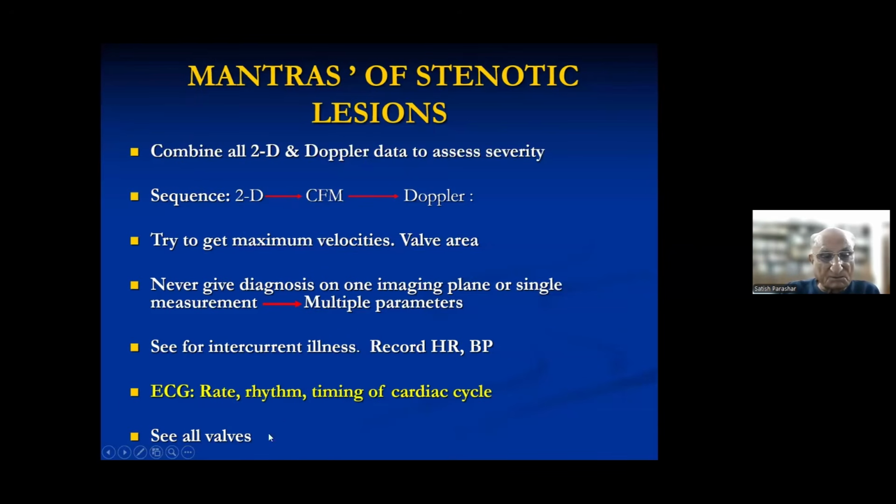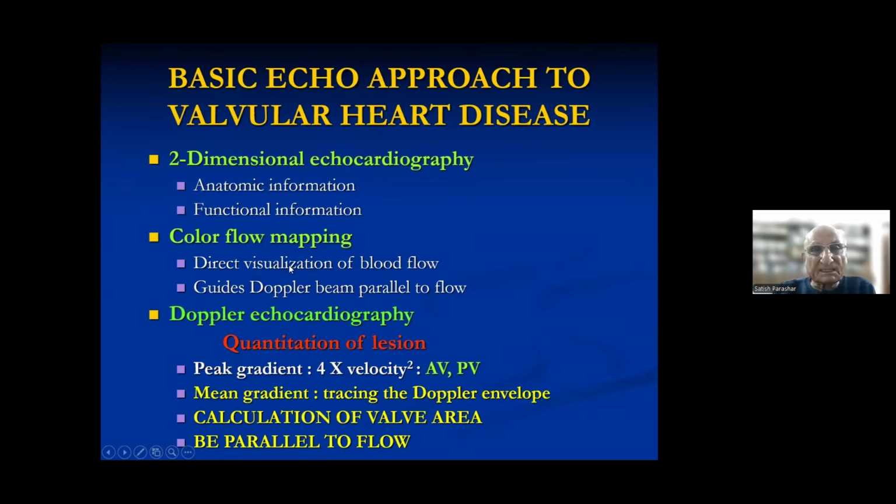Don't restrict. Suppose you have a patient with mitral stenosis, don't restrict yourself only to the mitral valve, but see all the valves. So when you go back today, read this slide again, and anything which is not clear to you, revisit it, because this is the bread and butter of every stenotic lesion. And the same thing here, as I told you, we always go from 2D to color and Doppler.